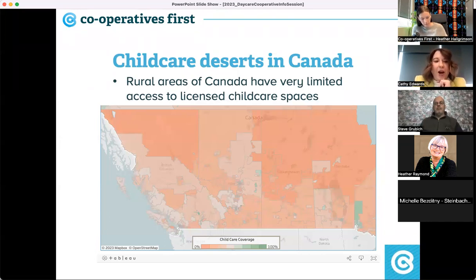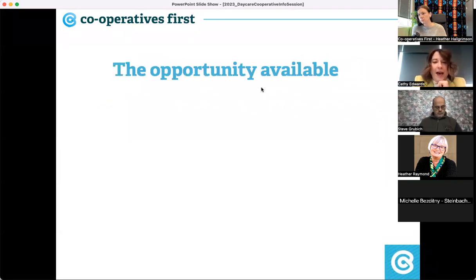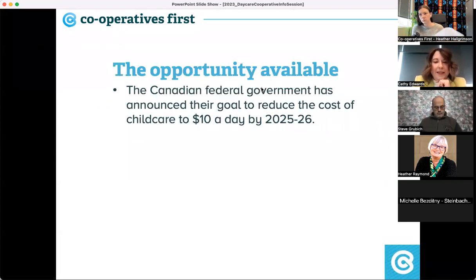In Canada, our childcare deserts range from 2% to 18% coverage. In actual numbers, that's about 776,000 non-school age children without access to adequate childcare. So the federal government has decided to take this very real problem on and provide funding through bilateral agreements.